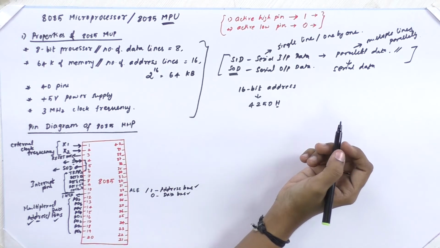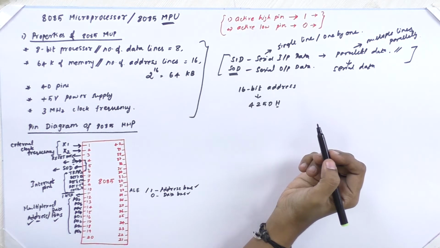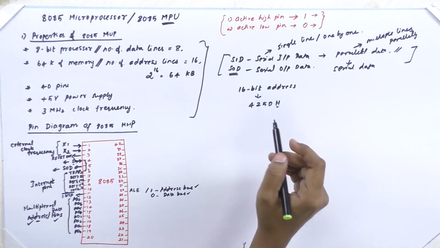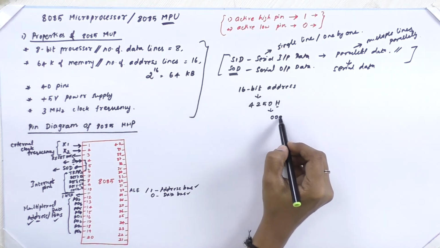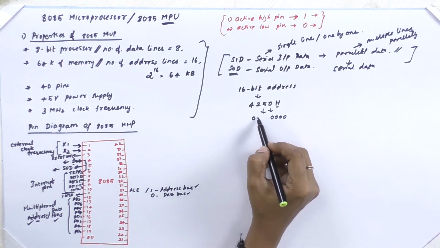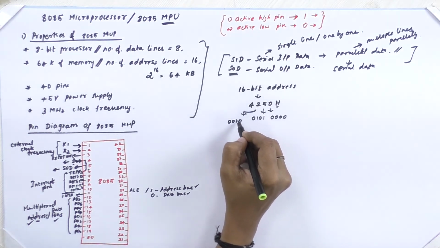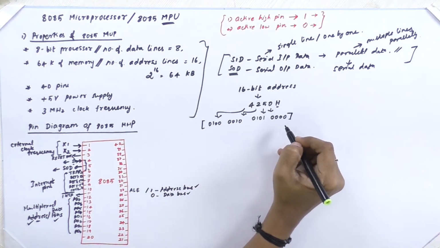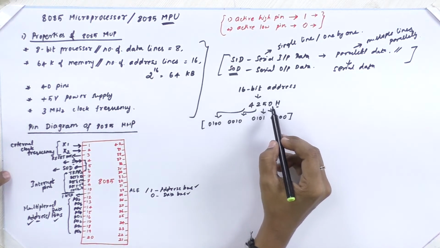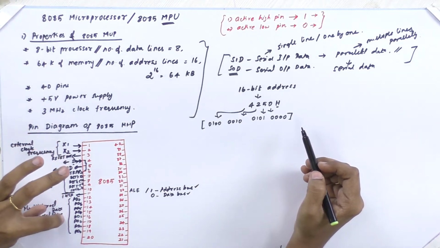Here the H refers to hexadecimal representation, and whenever the 16-bit address is given in hexadecimal format, it will be manipulated by the processor in binary format only. The binary format for 4 is 0100, for 2 is 0010, for 5 is 0101, and for 0 is 0000. So this is the 16-bit representation of the 4250H memory address. Here we have represented only 8 bits.